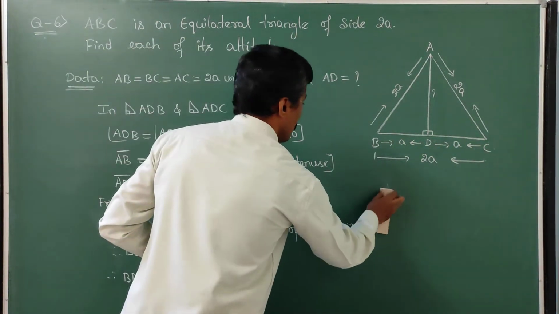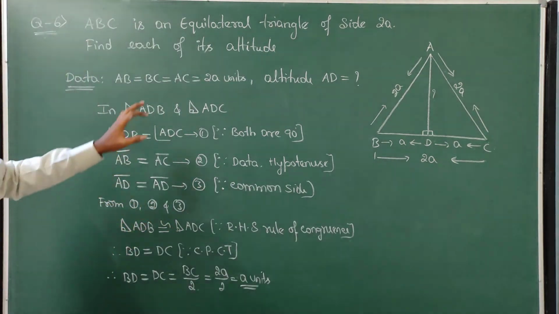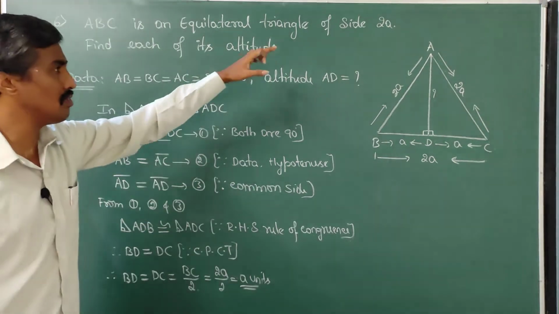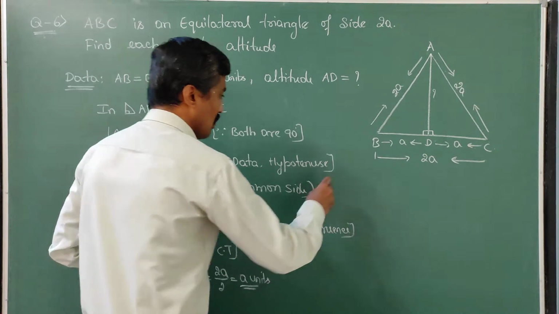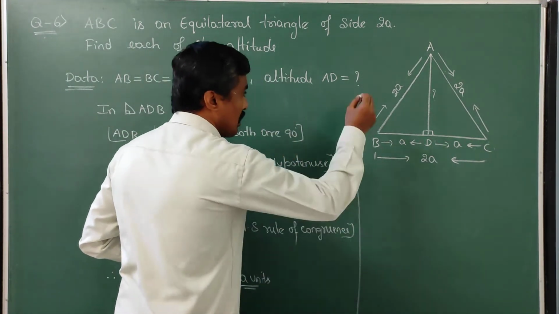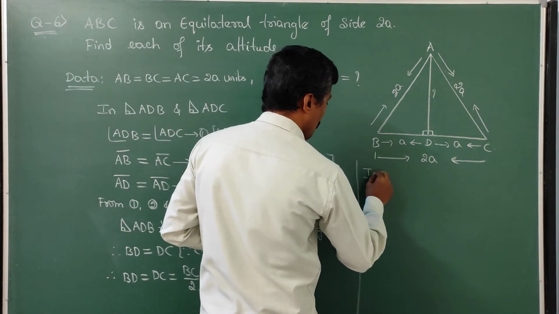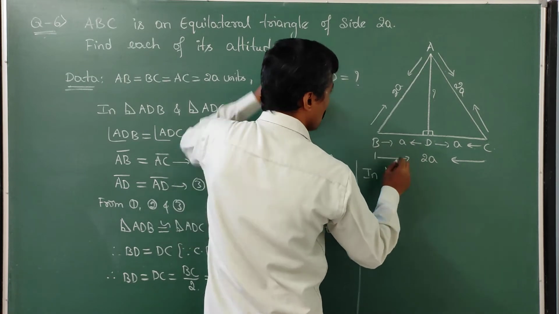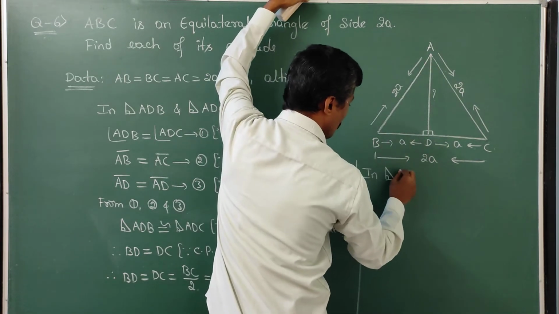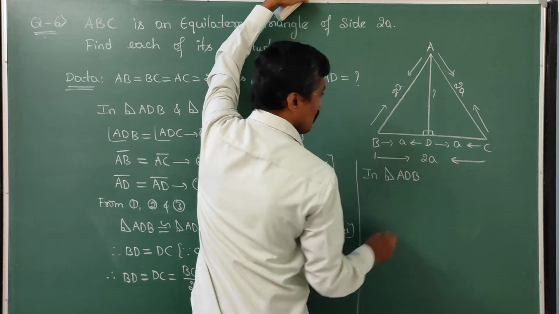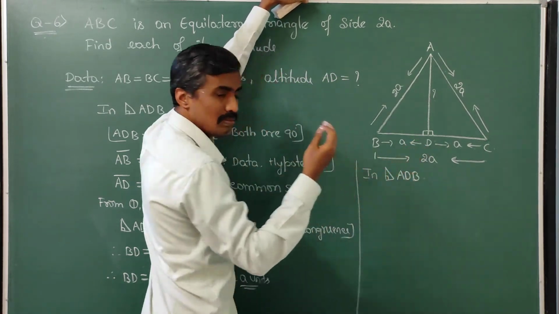So now we have to find the length of AD, the altitude, correct? So let me take one triangle. In right angle triangle ADB I will take. So apply the Pythagoras theorem.